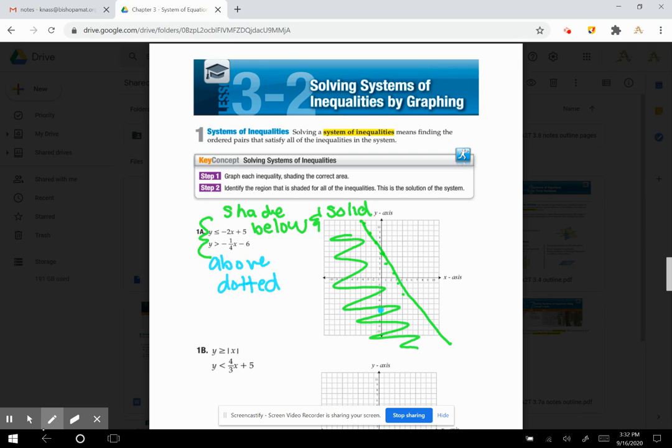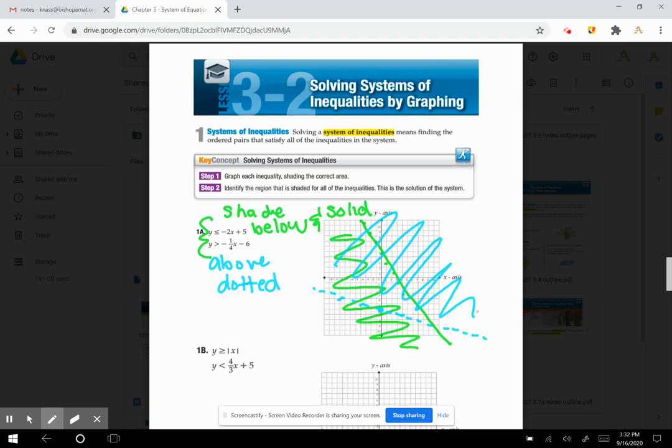Go down 1 to the right 4, up 1 to the left 4. Could even go again. Okay, make this line dotted. And y is greater than, so it's all up here.